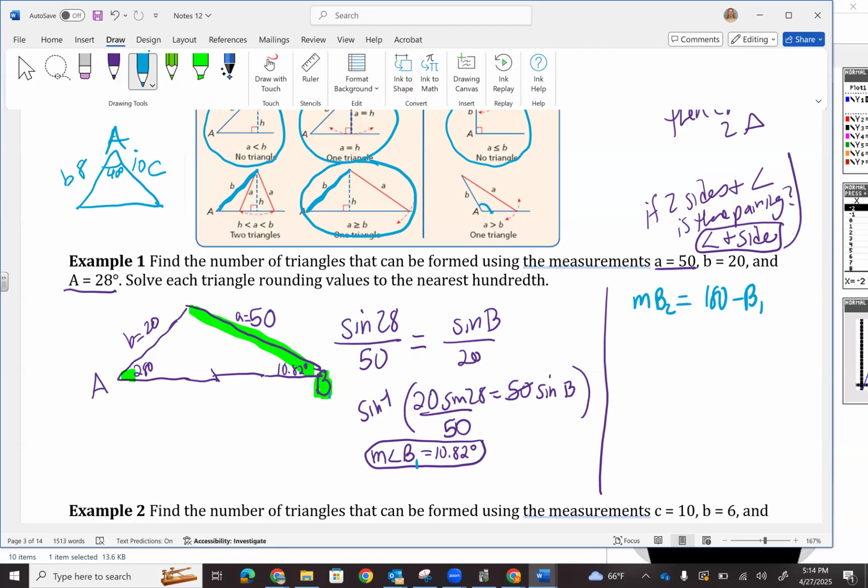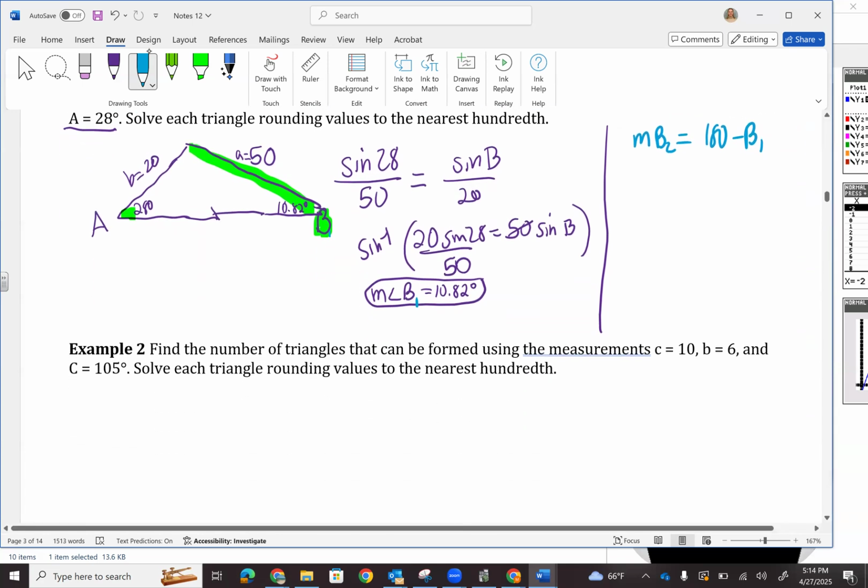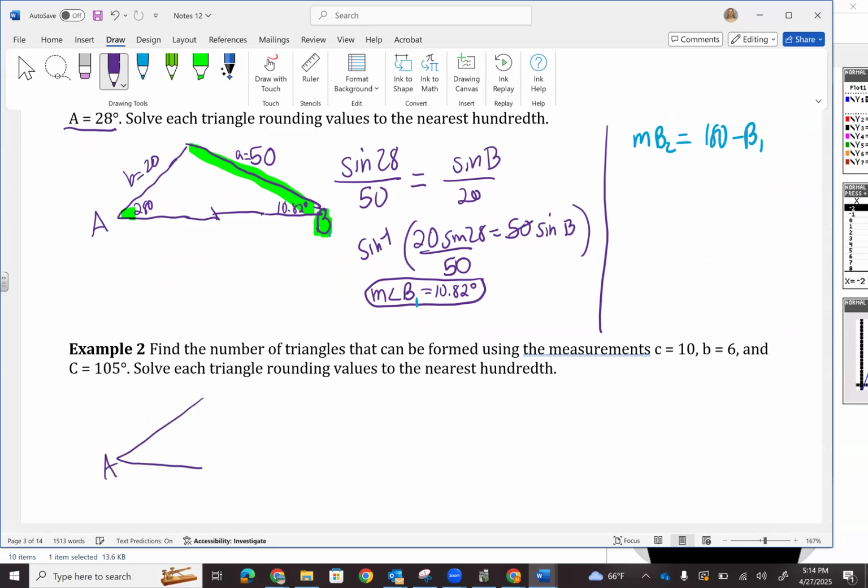Well, how you would do that would be if you drew this, and I wish I would not have drawn this to scale. I'll just draw it down here, not to scale, so you can kind of see what I'm doing. Say that you had your angle A, and say this was 28 degrees, and if this was, I'll call it 11 degrees just for ease right this second, so we can talk logically.